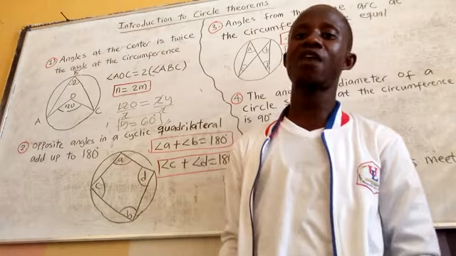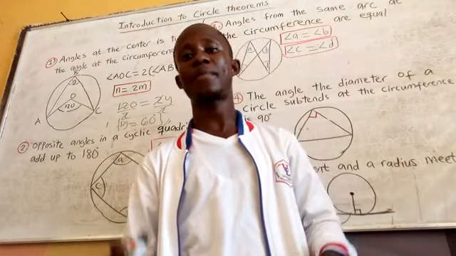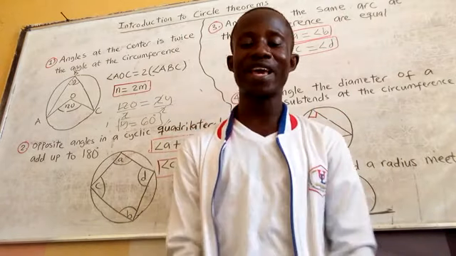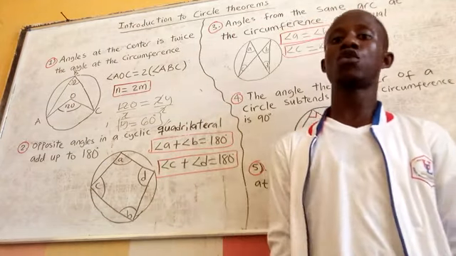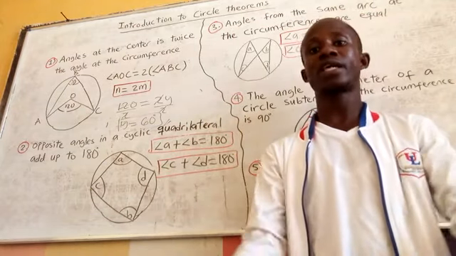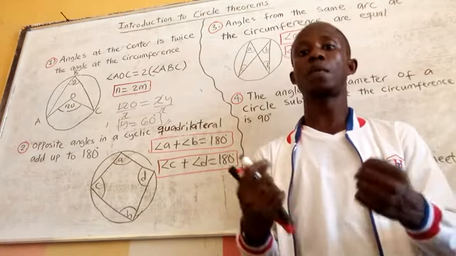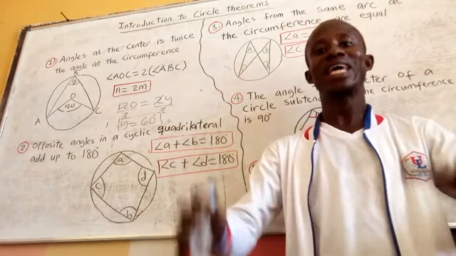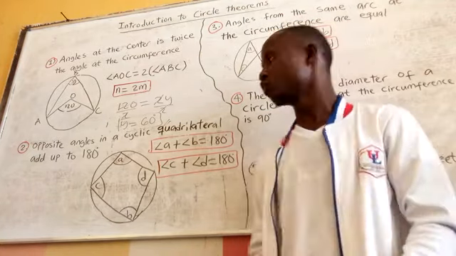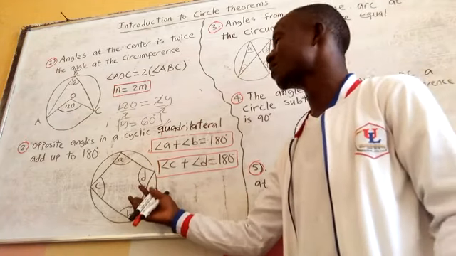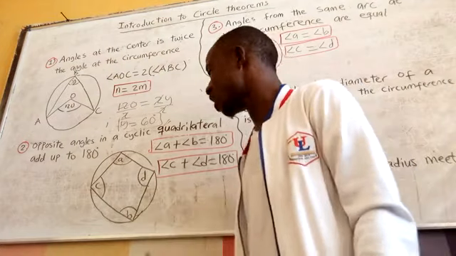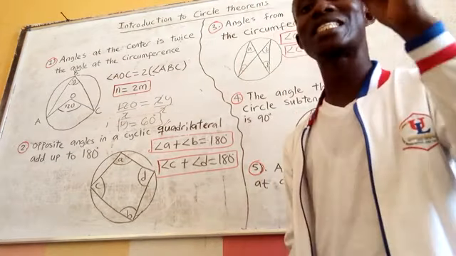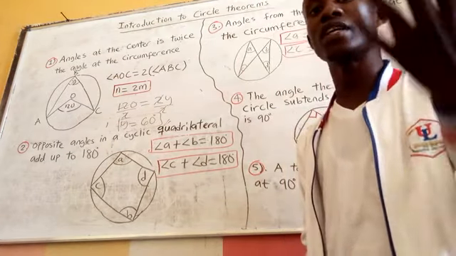So whenever we have a quadrilateral inscribed in a circle, we consider it a cyclic quadrilateral. So opposite angles in a cyclic quadrilateral sum up to 180 degrees. So let's look here. This is a cyclic quadrilateral because each point of the quadrilateral touches the circumference of the circle.